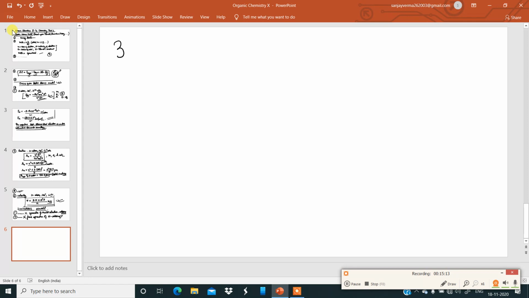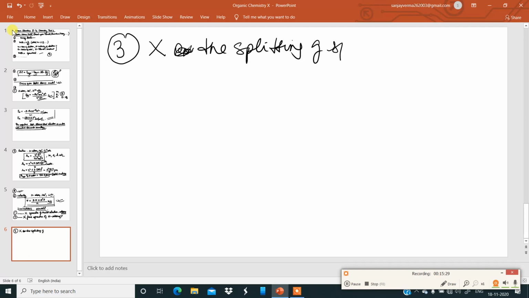Then the third limitation of Bohr's atomic model: it does not explain the splitting of spectral lines in a magnetic field.